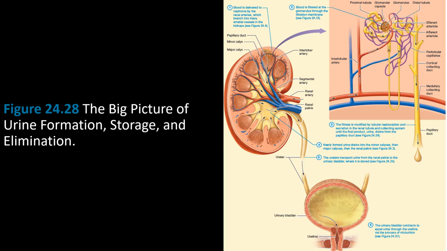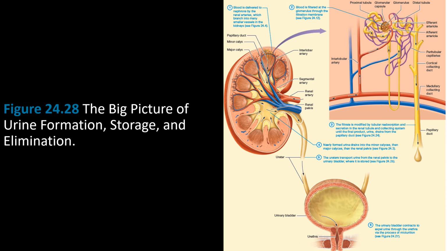This photo puts everything all together: urine formation, urine storage, and elimination. So now that you've examined all these processes, this is one final big picture view so that you're able to trace the formation, the storage, and elimination of urine. Overall, you see blood flowing into the glomerulus. It gets filtered. We go through the whole filtration and reabsorption and secretion process.